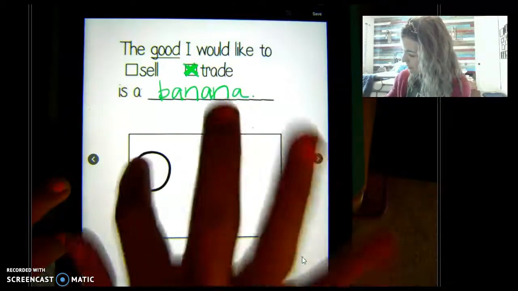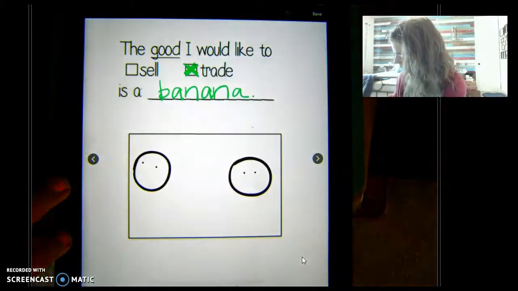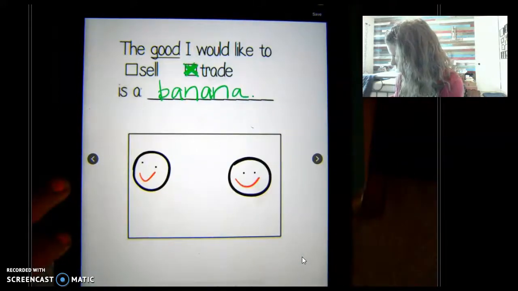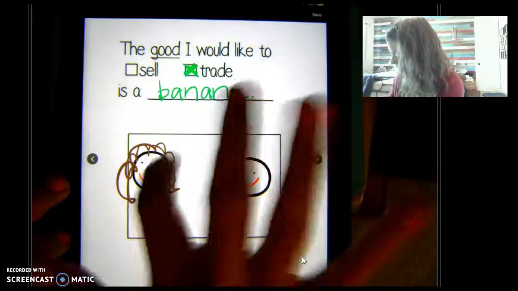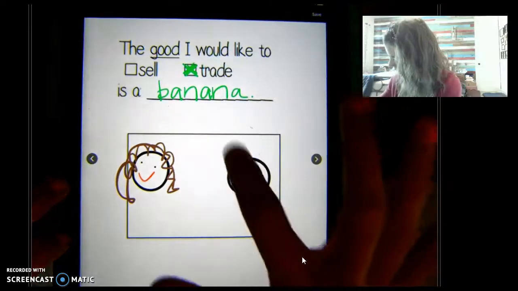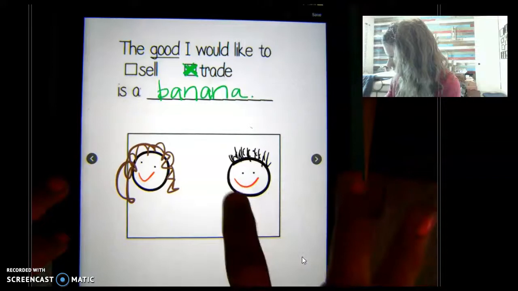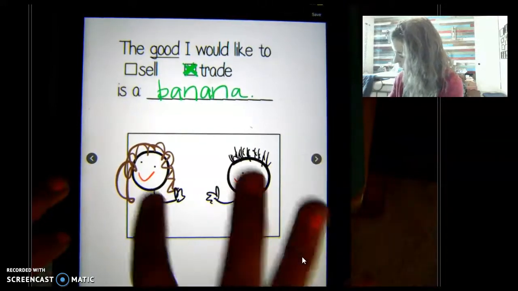Here's me. Here's my friend I'm trading with. We're very happy today. And I've got brown, messy hair, and he's got some black spiky hair. Hands, this is a fair trade.